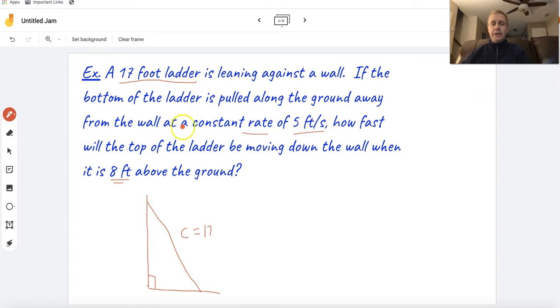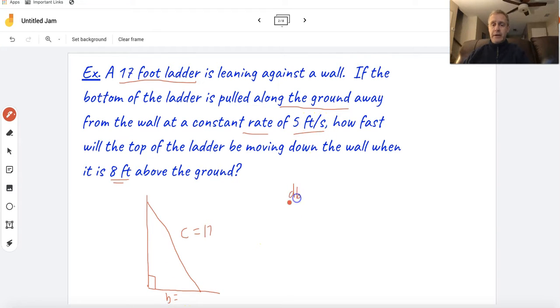We have here that the ladder is being pulled along the ground away from the wall at a rate of 5 feet per second. So hopefully we would agree that that corresponds to this leg of the right triangle, because that's the ground. And because of that, I'll label that side b. We're not told exactly what the length of b is, but we are told the rate of change for that side b, with respect to time.